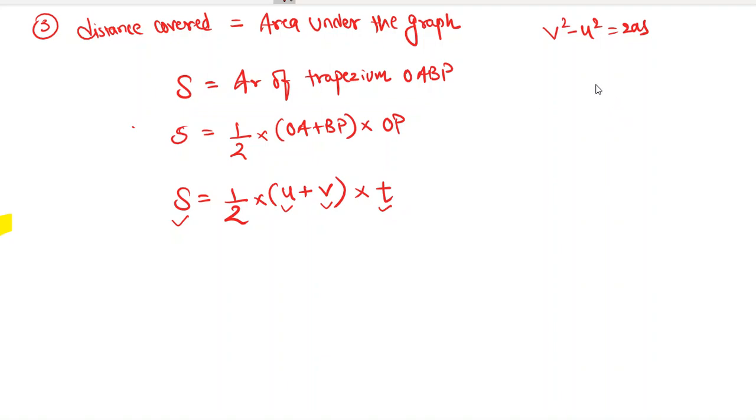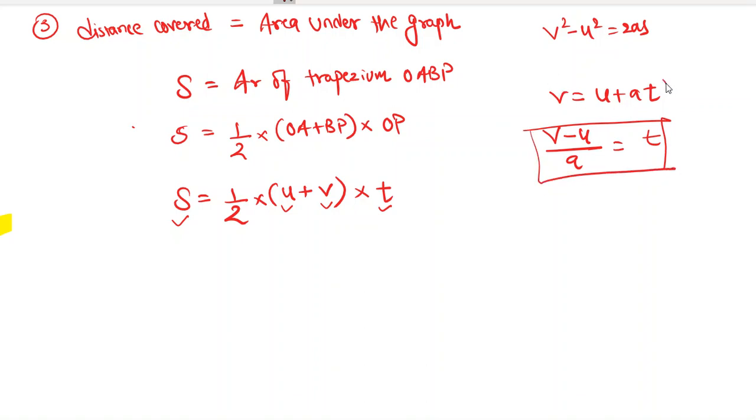From equation number 1. Equation 1 is V is equal to U plus AT. You remember equation 1? So V minus U upon A is equal to T. This is the value of T which we derived from equation number 1.